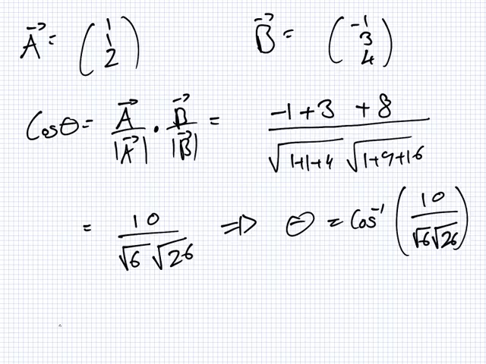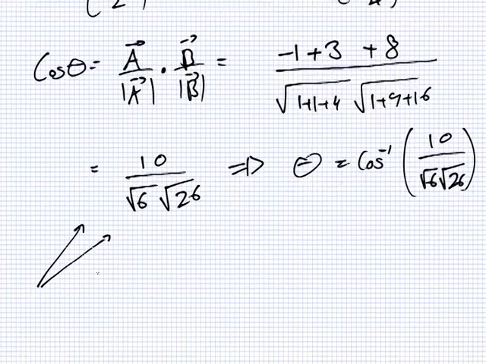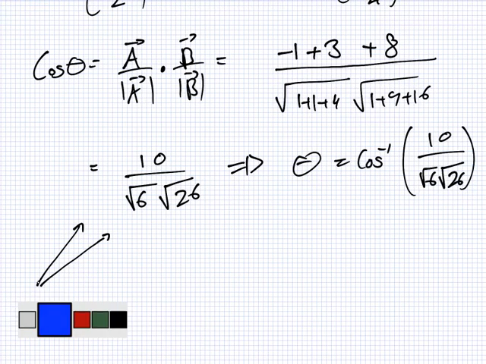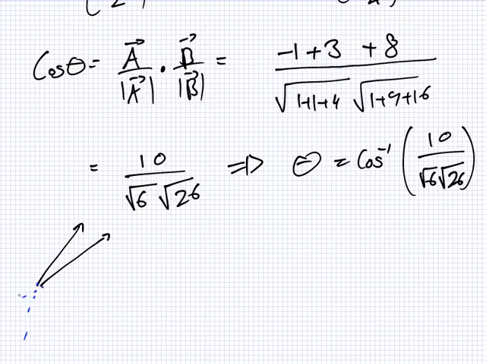Now there's actually two answers here. The reason that you could get two answers is that this is the acute answer, the smaller angle, but also you could have this bigger angle between the two vectors.